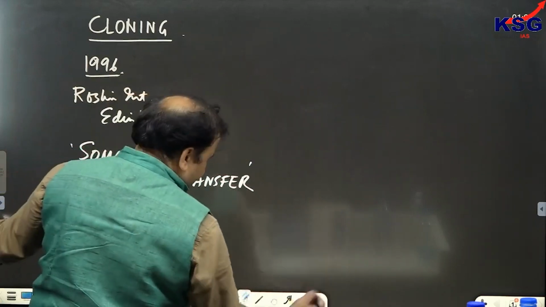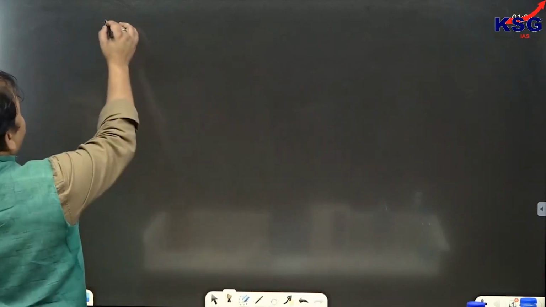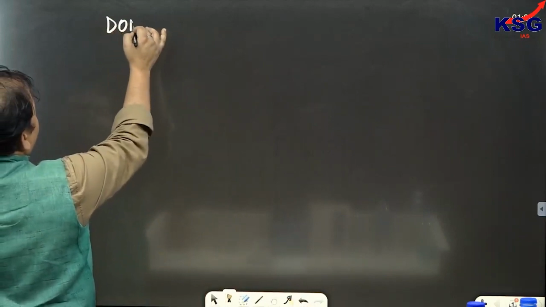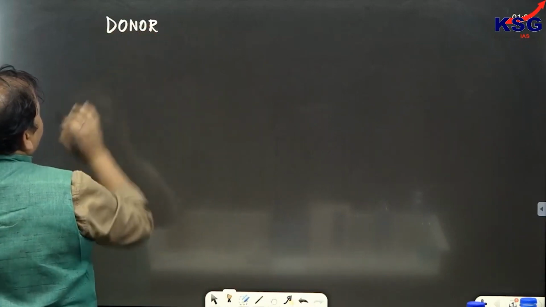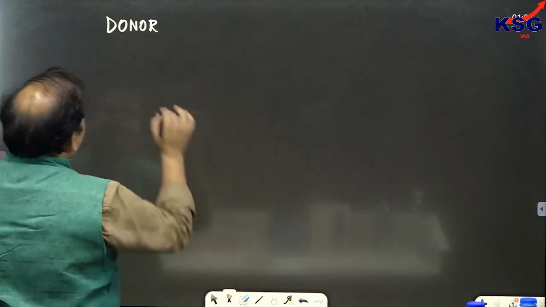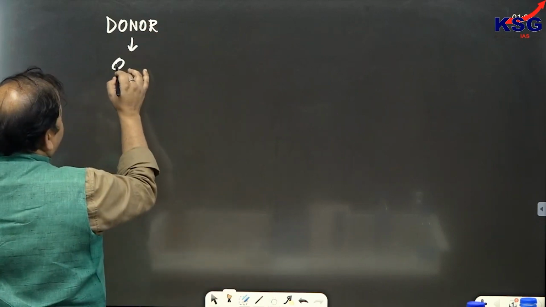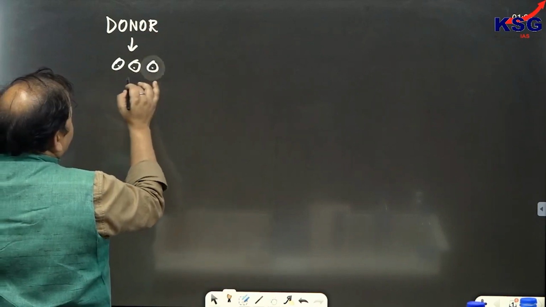Now on one side we are taking what? We are taking the donor. The donor is the person whose clone is to be prepared, and from him we are extracting some somatic cells.